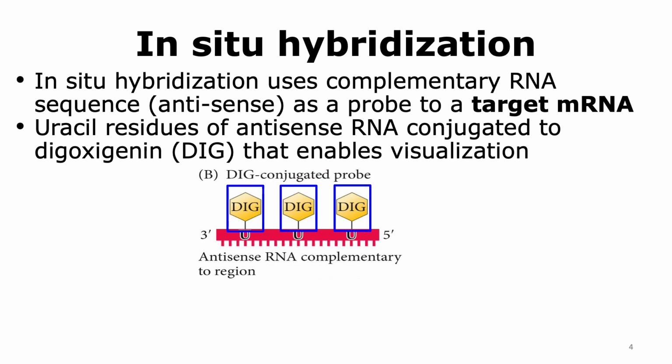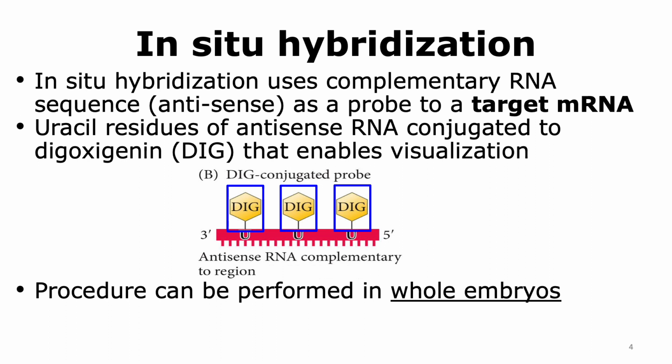In the figure, the blue boxes show the DIG moiety being covalently attached to the uracil residues of that antisense RNA, which will be complementary to the target messenger RNA that we would like to study.